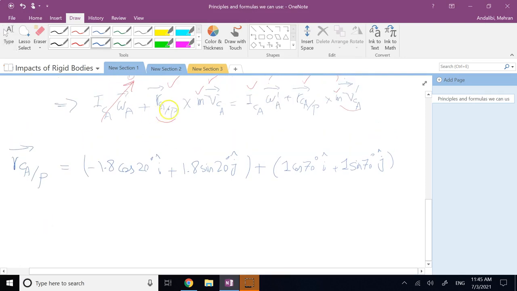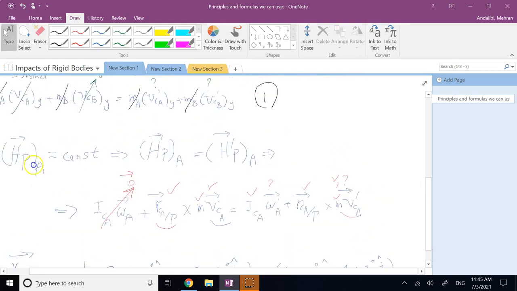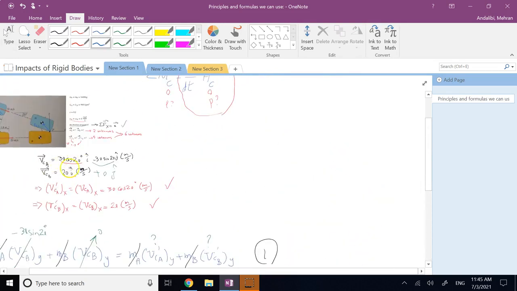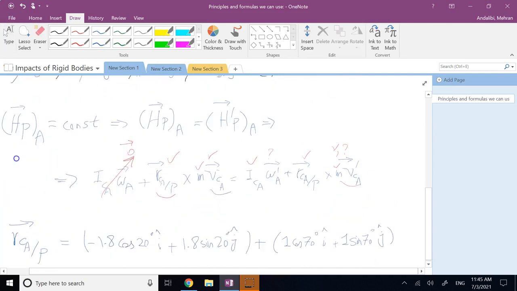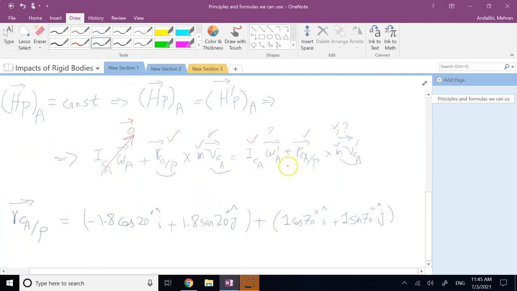And as I said, if you put it in this top equation, and also knowing that V of CA, if you remember, we had it up here, was 30 cosine 20 I minus 30 sine 20 J. So this omega prime A you can write just as a magnitude in the K direction.